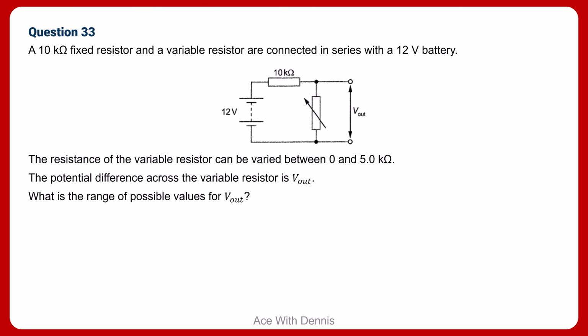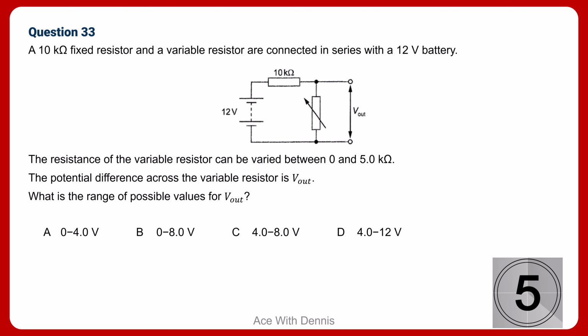What is the range of possible values for Vout? A. 0 to 4 volts, B. 0 to 8 volts, C. 4 to 8 volts, or D. 4 to 12 volts. The answer is A. 0 to 4 volts.